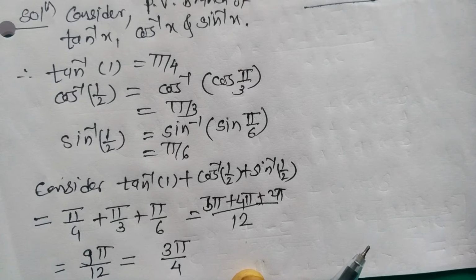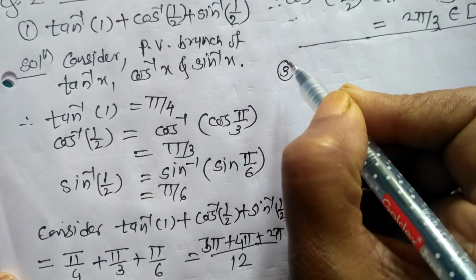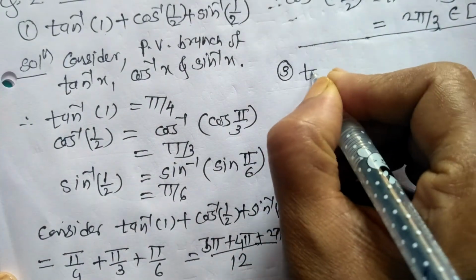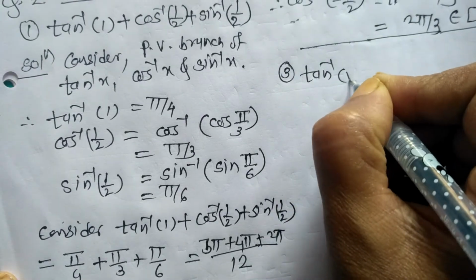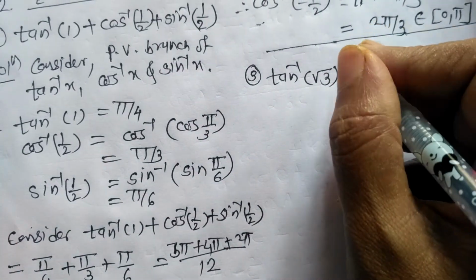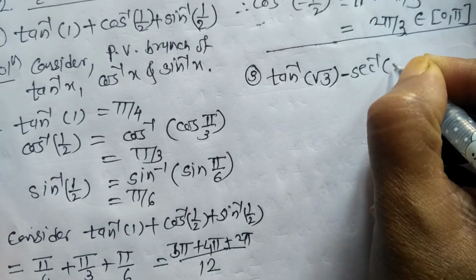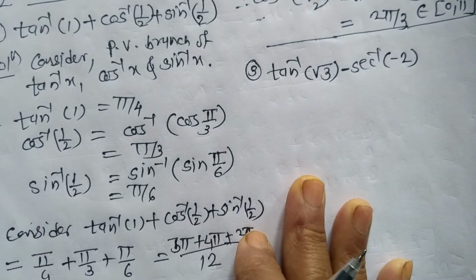Again we take the next question. There are 4 questions from this exercise. We take the third question, the sub question, to find the value of tan inverse root 3 minus sec inverse minus 2.